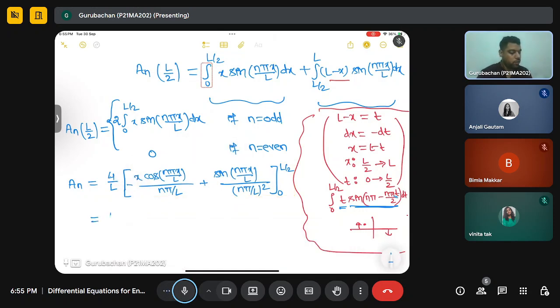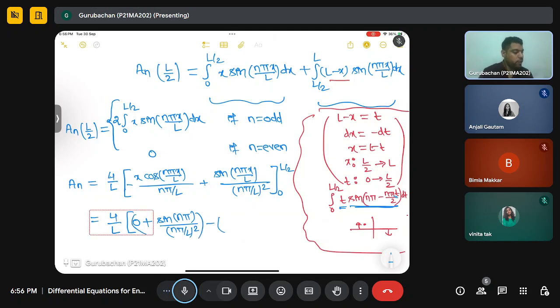Now you will put the value L by 2 in cos n pi x by L. This will give you cos n pi by 2. Cos n pi by 2 is 0, plus sin n pi by 2 divided by n pi by L whole square with negative sign.